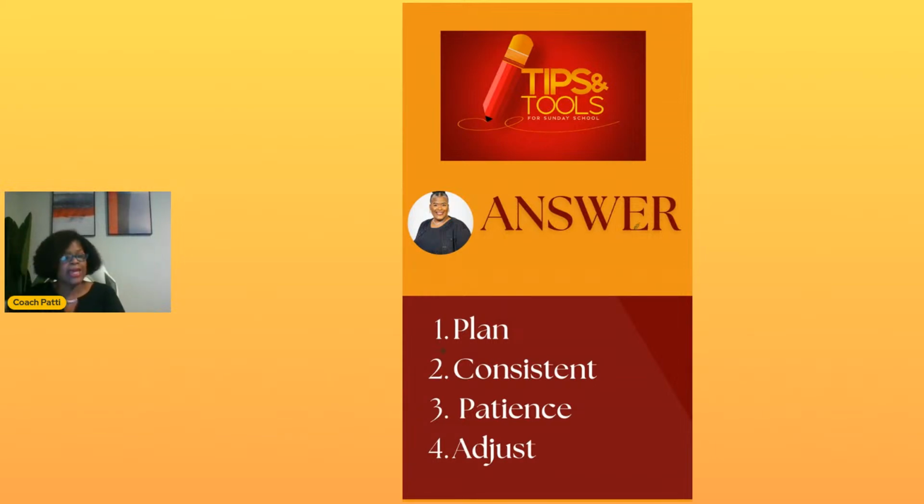This is my plan. This is my expectation. This is what I want you to do, when I want you to do it, how I want you to do it. This is how I'm going to reward compliance, and this is how I'm going to respond to non-compliance. Be consistent, have patience, and go on and be the great teacher that you are.